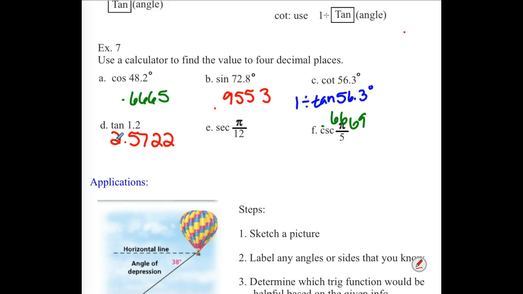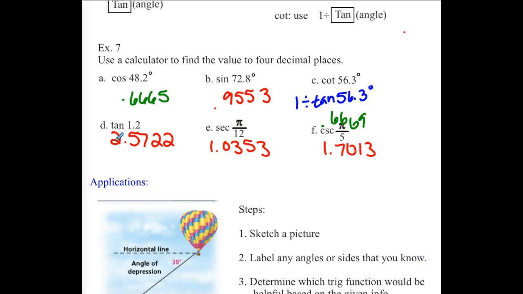We okay with that? Secant of pi divided by 12, and you use the pi key. All right, you should have 1 divided by cosine of that is 1.0353. And 1 divided by the sine of pi divided by 5 is 1.7013. We okay with doing that calculation? All right, so again, just make sure you pay attention to what mode your calculator is in.